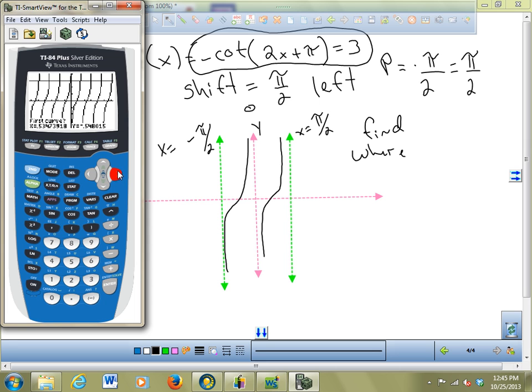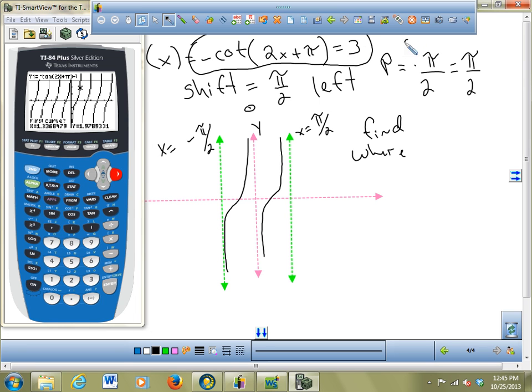Say I want to know between 0 and pi, where is this thing equal to 3? Because they'll give you a domain. They'll say when x is between 0 and pi, when is negative cotangent 2x plus pi equal to 3.